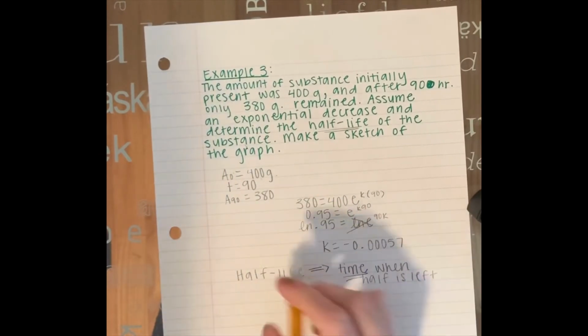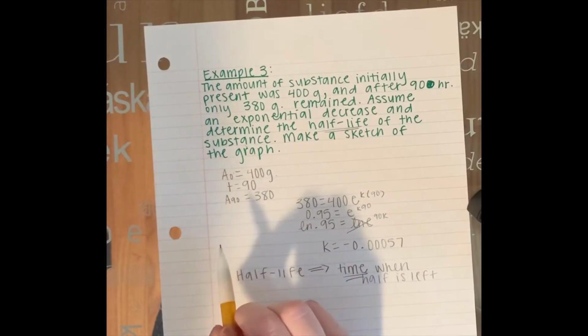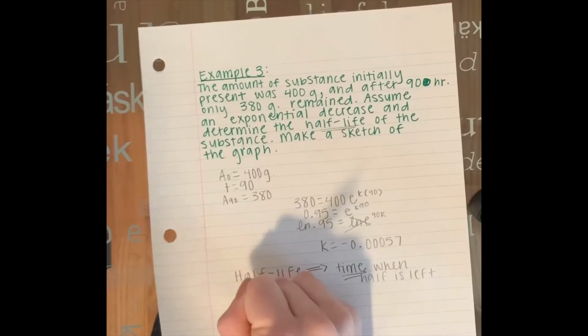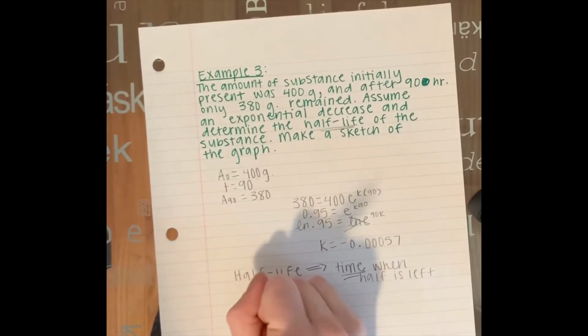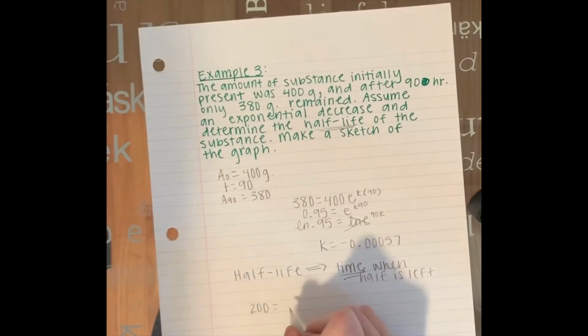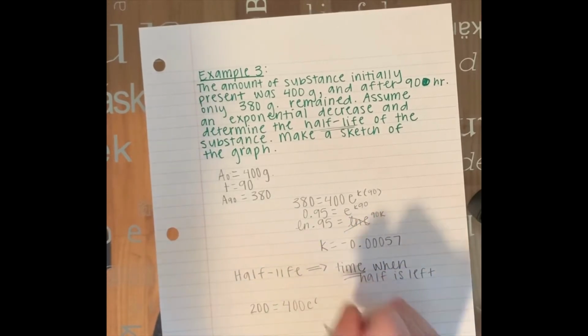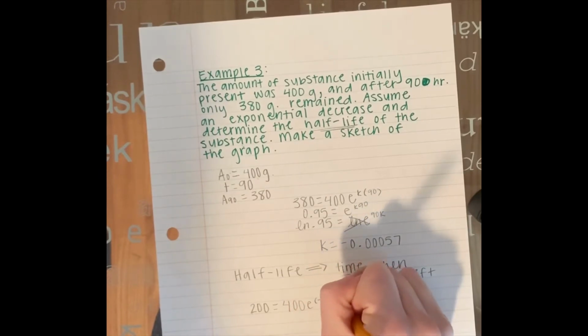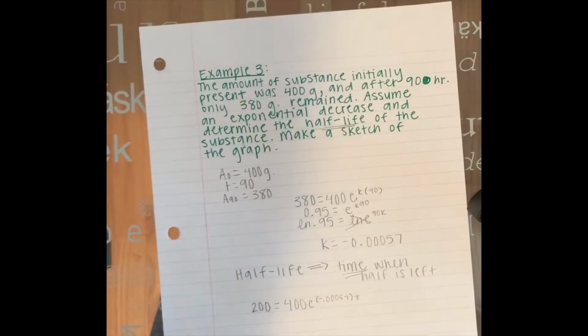We know that A of t is going to be half of A0. So we'll have 200 as the amount left. My original amount was 400, my k is the same, negative 0.00057, and my t is what's missing here.